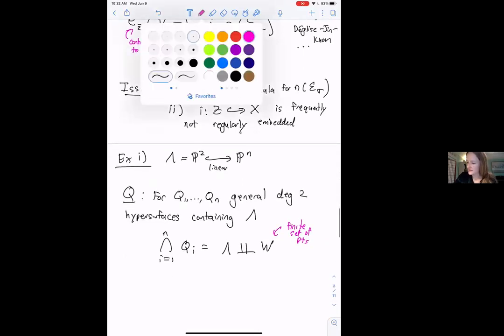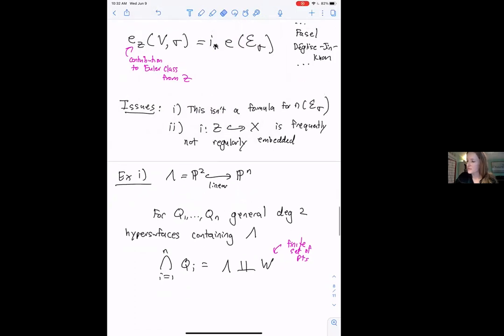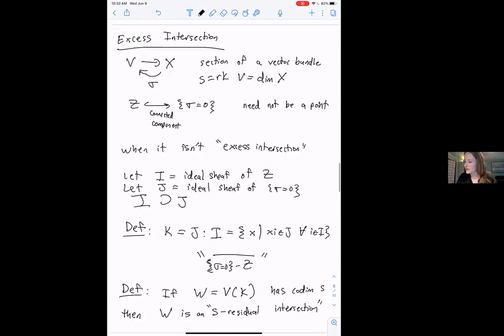How many points are in W? In fact, I'll just give it as an answer, because we saw that the excess contribution depends on sigma. So we don't have invariance of number automatically, not from the formulas that we have here.